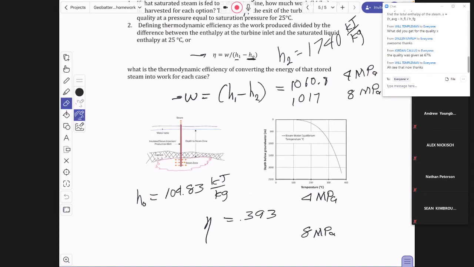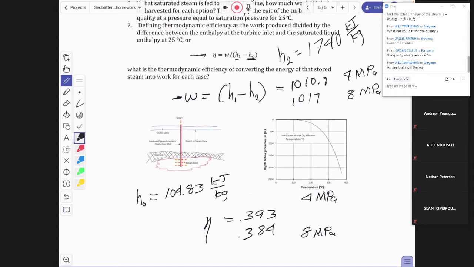What about for the 8 megapascal? I got 0.384. I can confirm that number. 0.384. Okay.